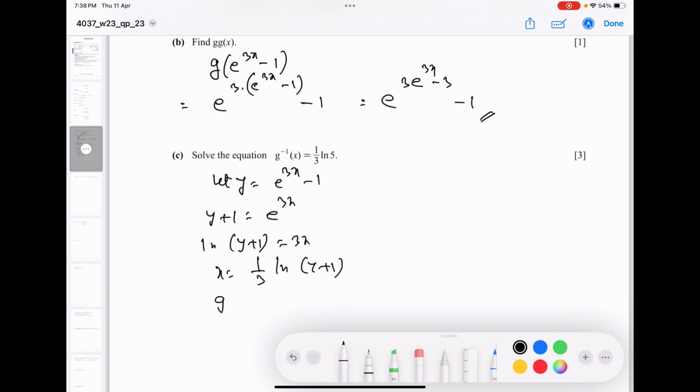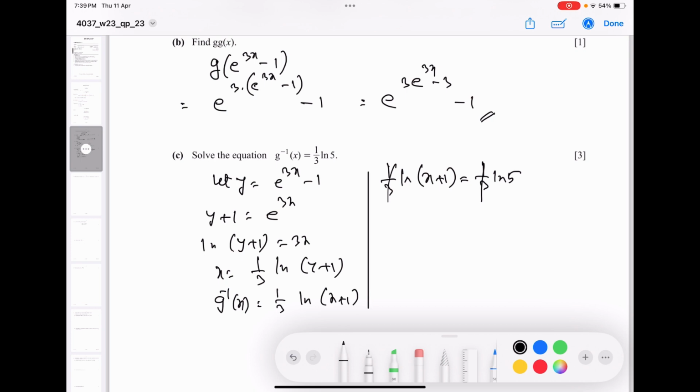Therefore g inverse of x equals 1 by 3 ln(x plus 1). Now we can write according to the question, 1 by 3 ln(x plus 1) equals 1 by 3 ln 5. The 1 by 3 will be cancelled from both sides and ln will be cancelled from both sides. So x equals 5 minus 1, that is 4. So this is the final answer.